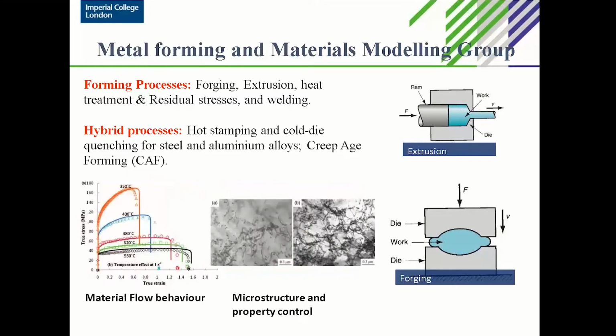These two key aspects relate to the stress-strain curves at different temperatures and different strain rates. We call it material flow behavior, and it also relates to the microstructure evolution during the forming process, such that we can have the desired microstructure and desired mechanical properties afterwards.